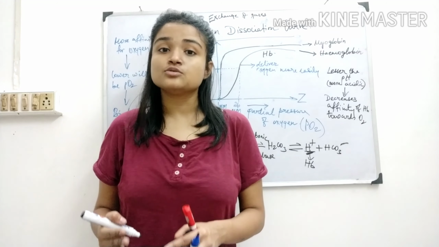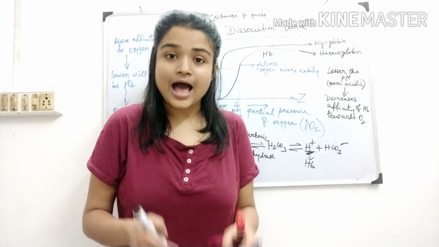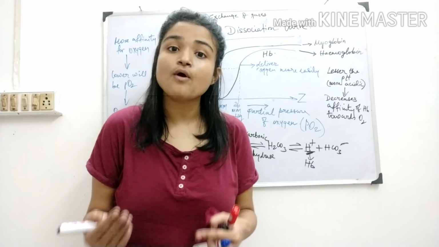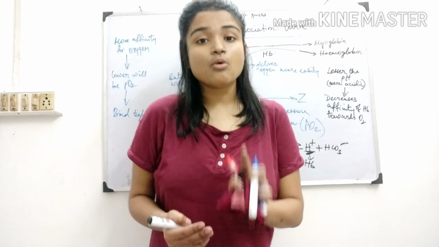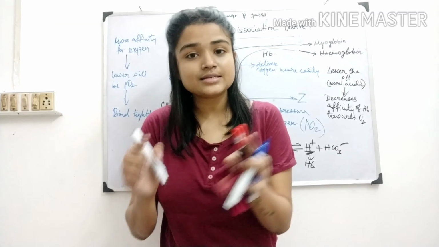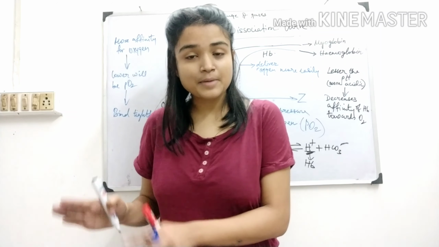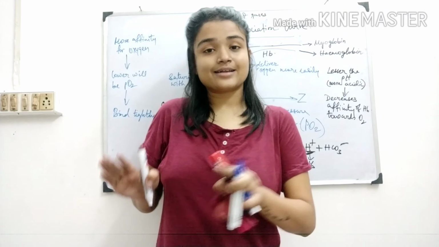Hemoglobin's affinity towards oxygen is decreasing in this acidic environment, and thus it is delivering more oxygen in the tissue. This is Bohr's effect. On the other hand, hemoglobin is taking out that H+, so maintaining the balance in the cell, that is acting as the buffer.